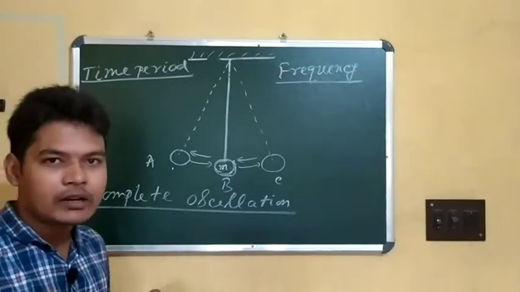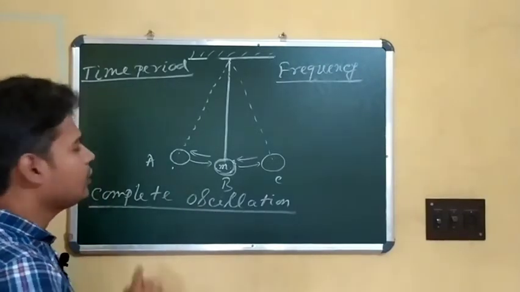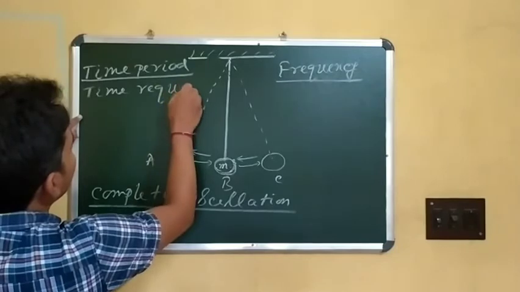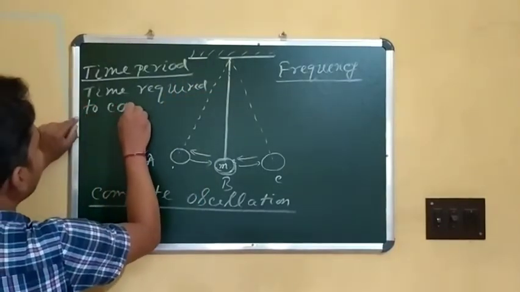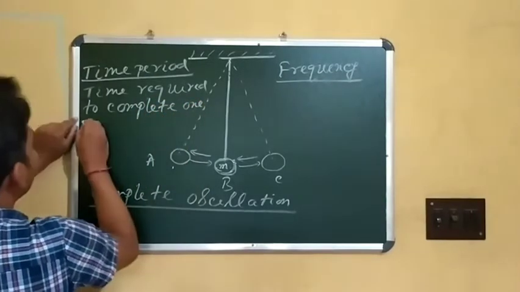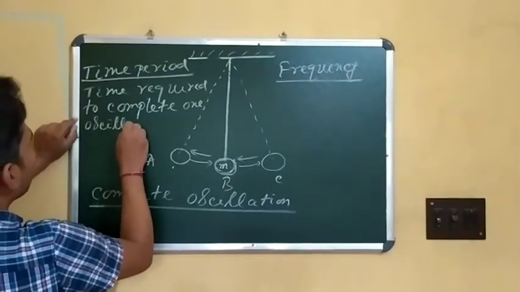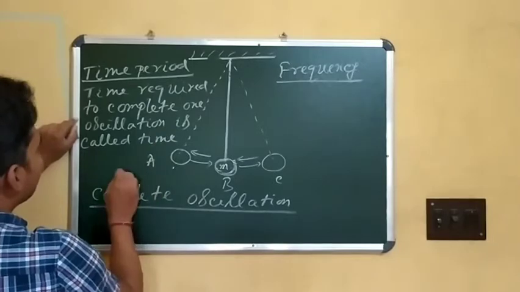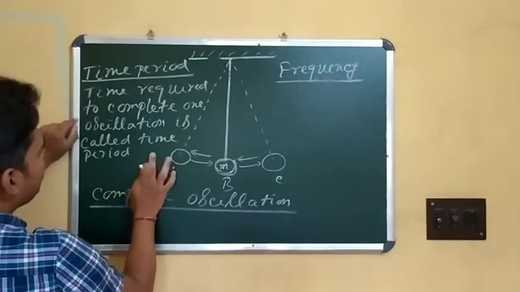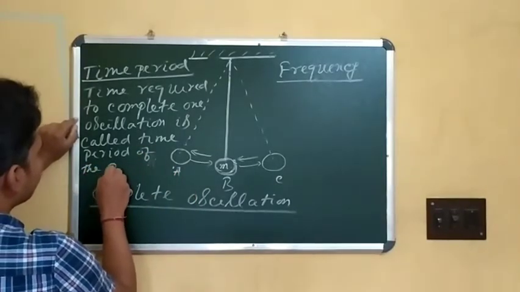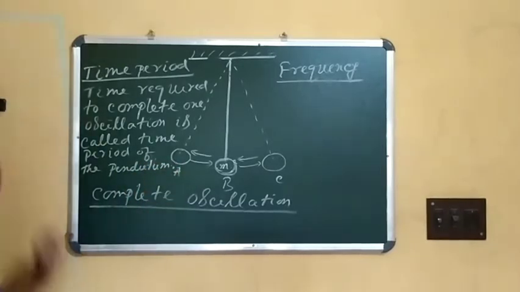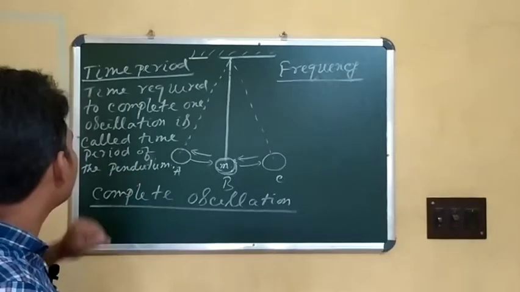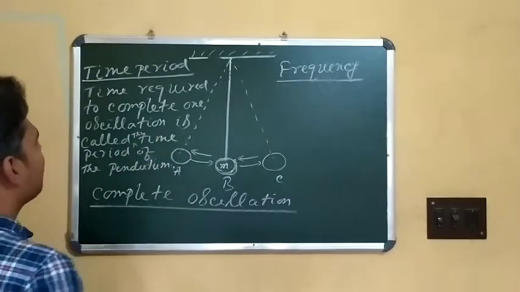Okay, so at first you have to understand what one complete oscillation is. Now, the time required to complete one oscillation is called the time period of the pendulum.